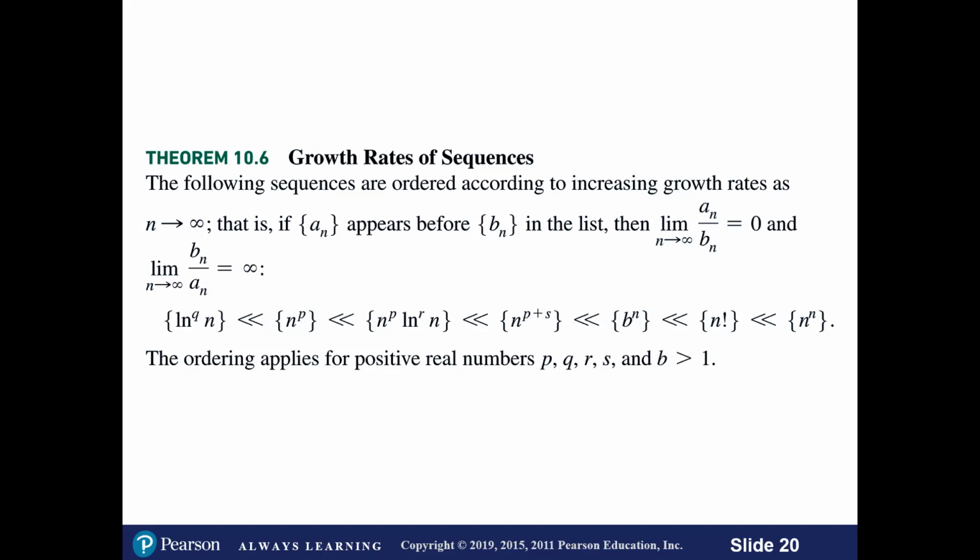And this is for positive real numbers p, q, r, s, where b is greater than 1. n to the p does not grow as fast as n to the p times the natural log of n to the r power. n to the p plus s grows faster than that. b to the n grows faster than n to the p plus s if b is greater than 1. n factorial, okay, and faster than all of those is n to the n.